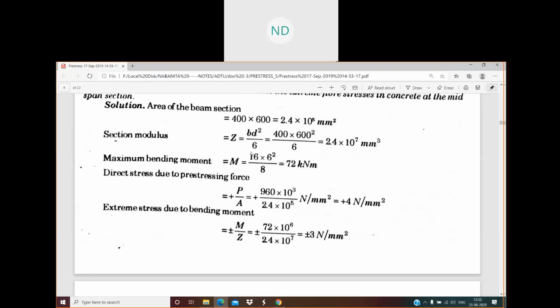Maximum bending moment W L square by 8, this much, 72 kilonewton meter. Direct stresses P by A comes to be 4 Newton per mm square. Extreme stresses due to bending moment will be plus minus M by Z, which is 3 Newton per mm square. Now once you got your stresses, you have to draw these stress diagrams.